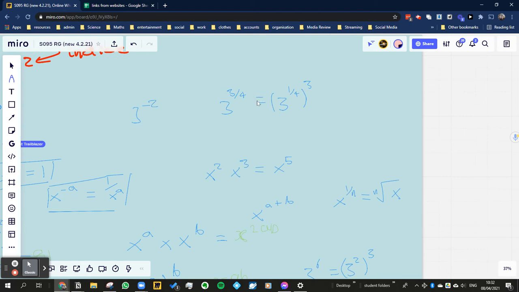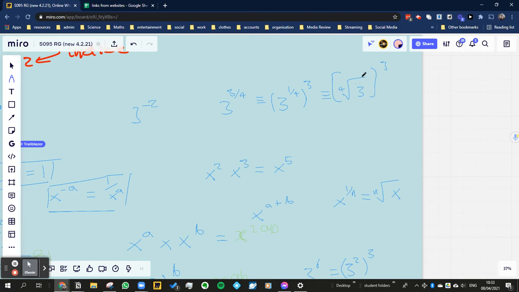So we can say that's identical to that. And then we've discovered what it means when you have a fractional indice with 1 at the top. That would be the fourth root. So that's what you would get if you combine them. The 4 at the bottom gives you a fourth root there, and that is to the power of 3.